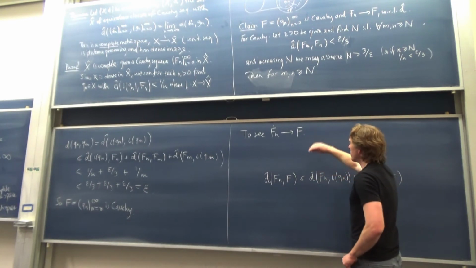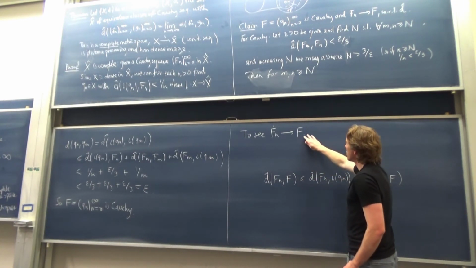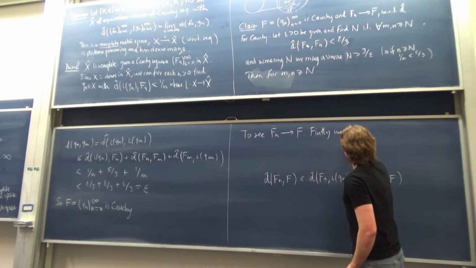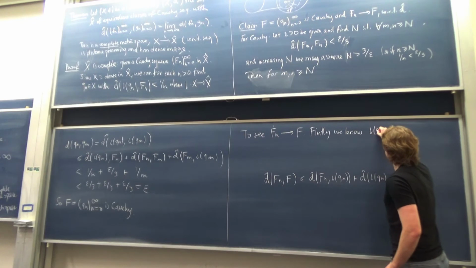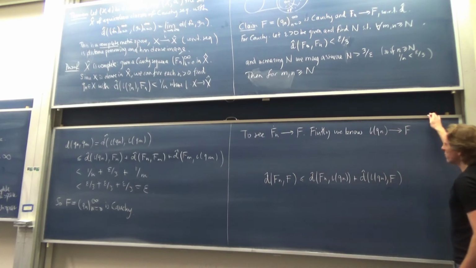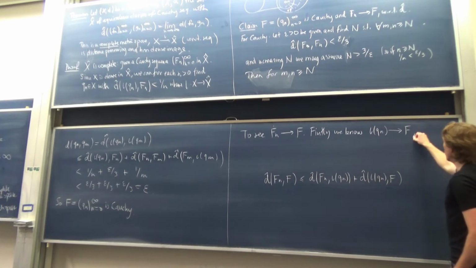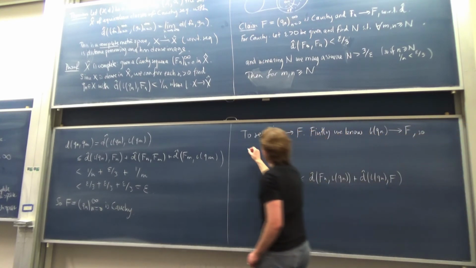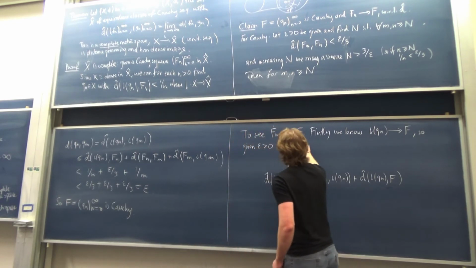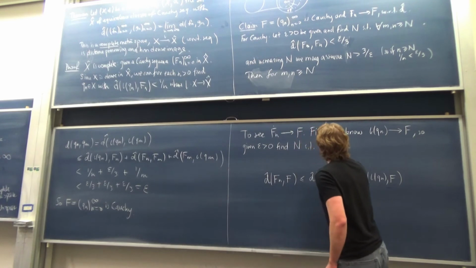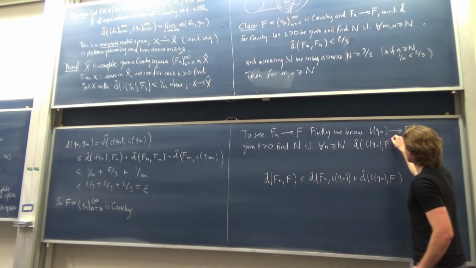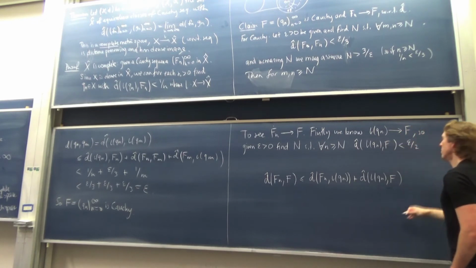So let's fill in the epsilon business. To see that this converges to this, firstly, we know that the sequence of constant sequences at the Qn converges to F. That's what we did last time. So given an epsilon, find a capital N such that for all n greater than or equal to N, the d hat distance between those two guys is less than epsilon on 2, since there are two things here.